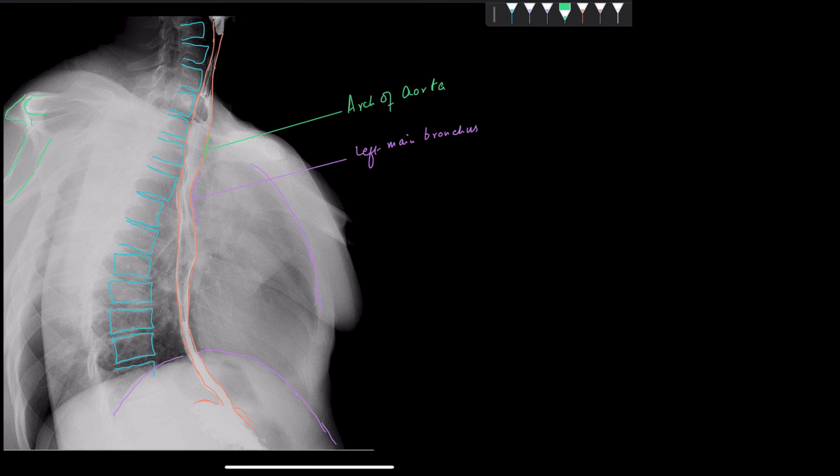And going down, we can see another very prominent area, and this is due to the left atrium of the heart. So these are very obvious constrictions which you can see in this given X-ray.